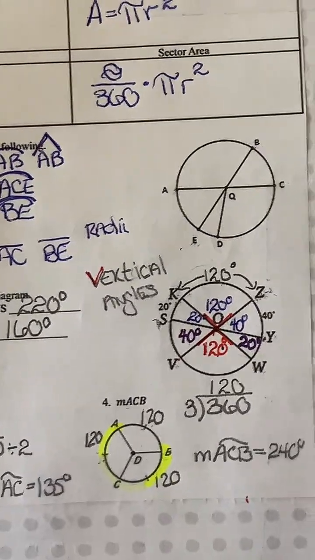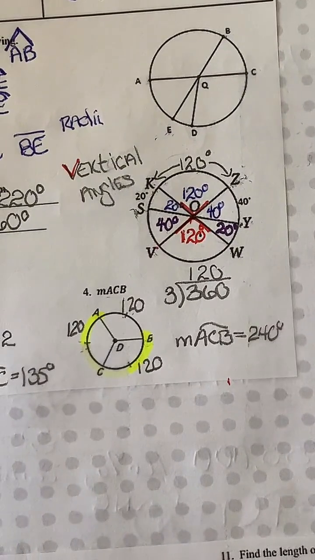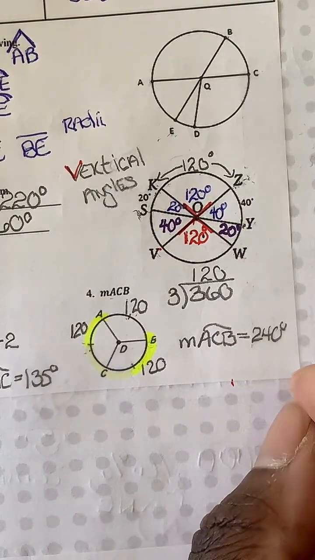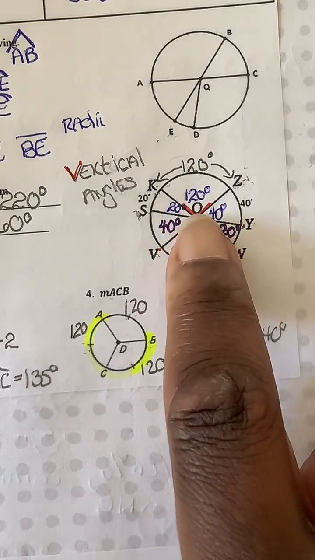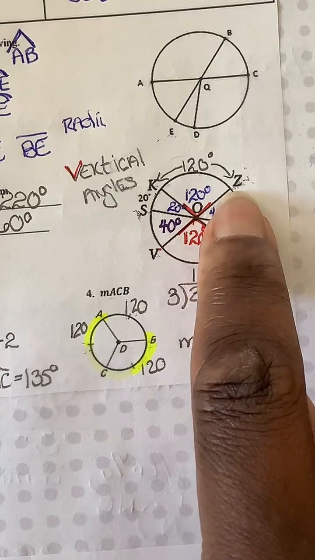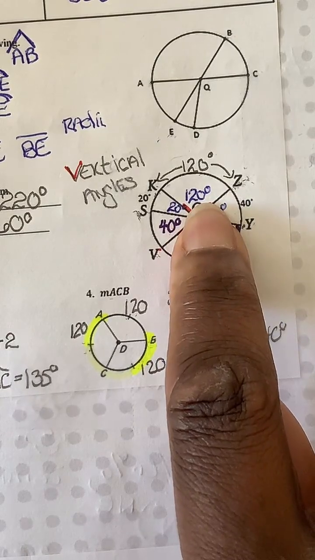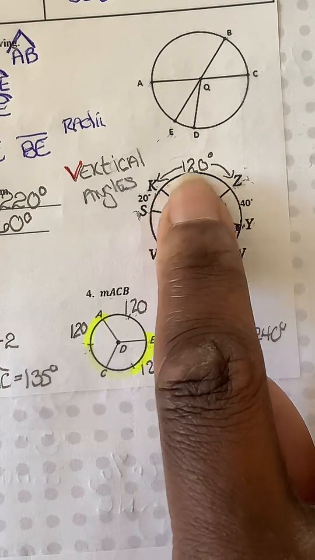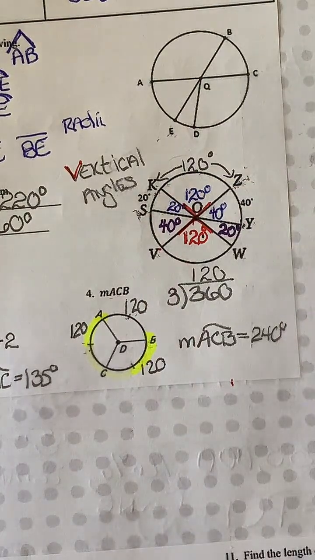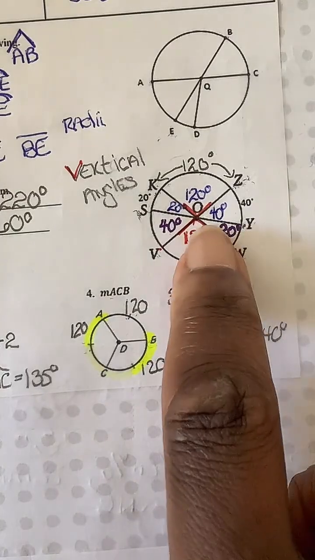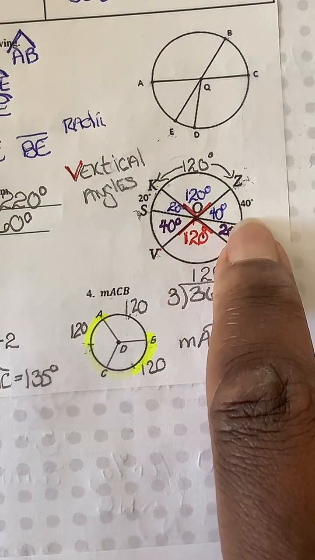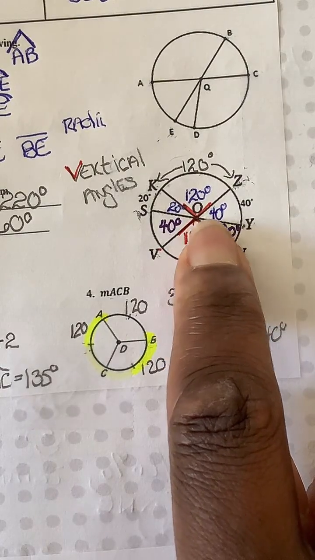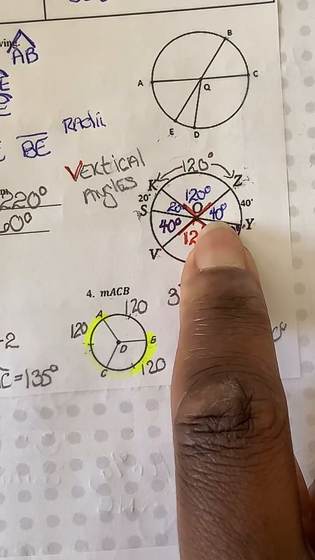The arc measure involves the center of your circle. If my central angle is 120 degrees, that means the arc measure is 120 degrees. If the measure of the arc is 40 degrees, the central angle is also 40 degrees.